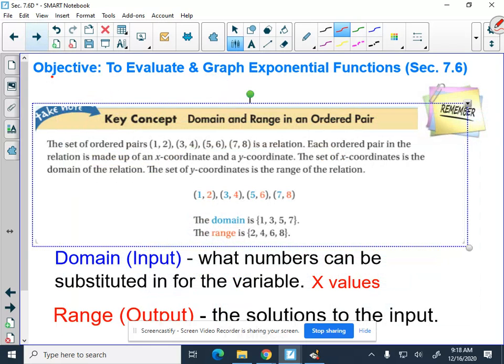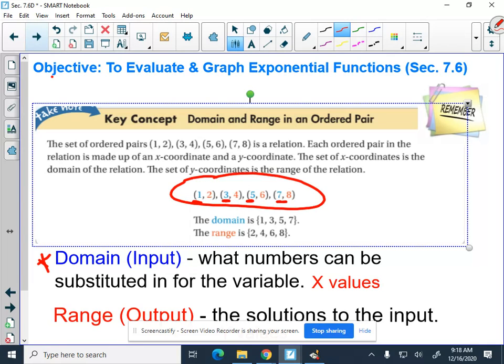Key concept today, a couple that we're going to have, is the domain and the range. You may want to freeze the screen if you're watching at home. The domain is the set of x values. It's the values you can put in for x. What numbers can I put into the equation? Up here, the numbers in blue on the screen are the x values in this set of numbers. So the domain is 1, 3, 5, and 7.